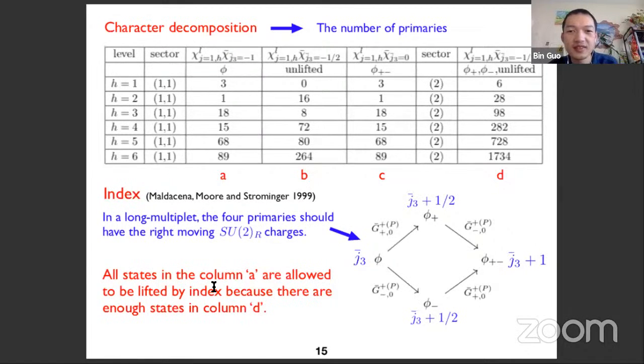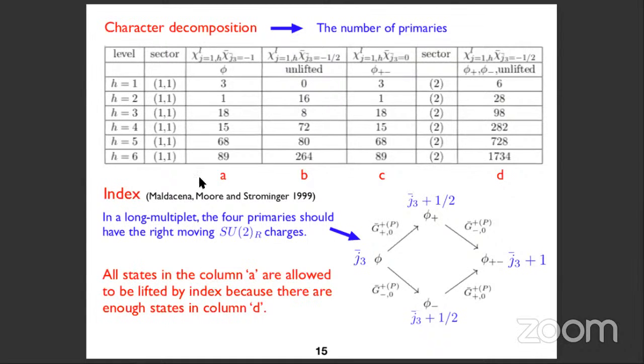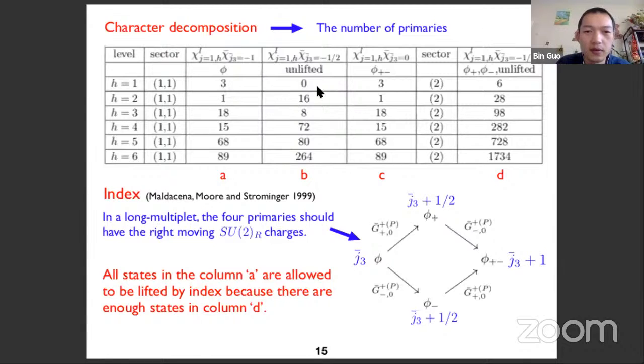Okay, any questions here? Can I ask something? So what did you mean by improving the index? Maldacena-Moore-Strominger has some modified index, and what do you mean by improving their index? Oh, they simply count the states at this level, not primaries at this level.